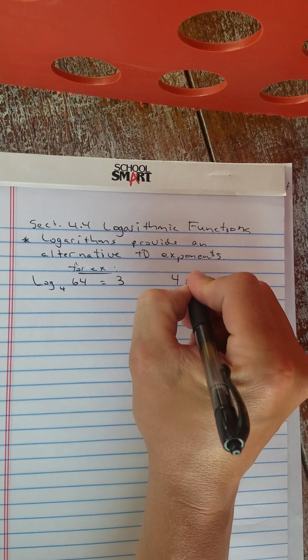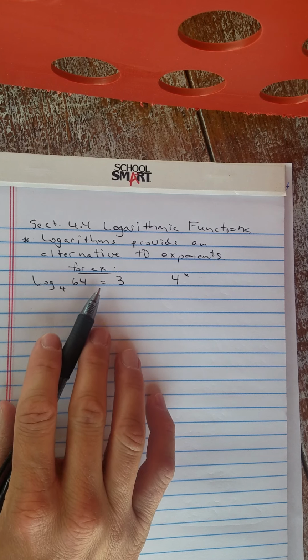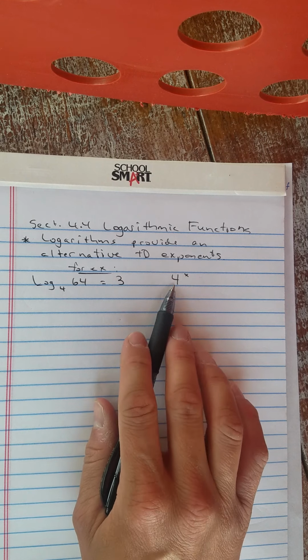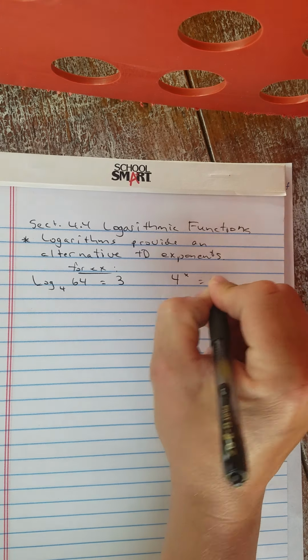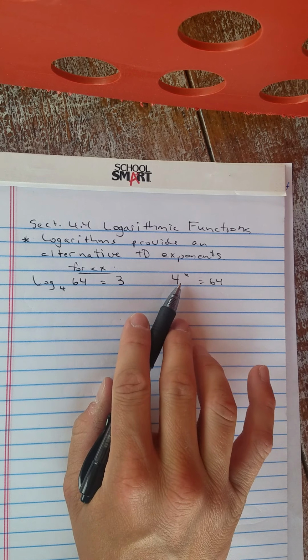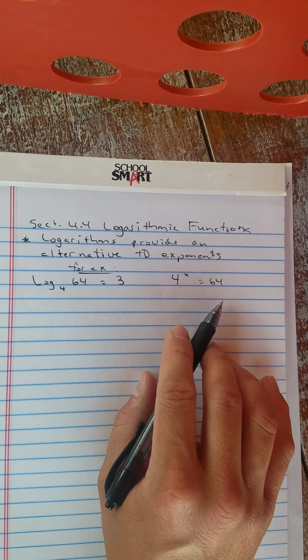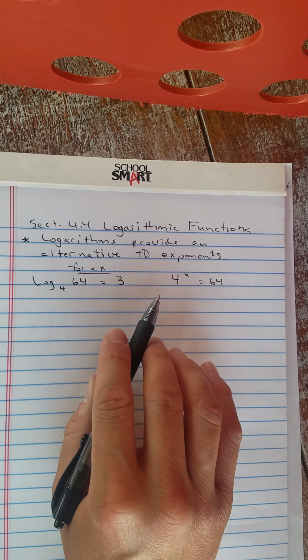So instead of saying what is the log base 4 of 64, you could say what is the exponent on 4 that gives me 64. So 4 to the third power is 64. 4 times 4 times 4 is 64. So these are kind of equivalent things, or inverse concepts, if you will.